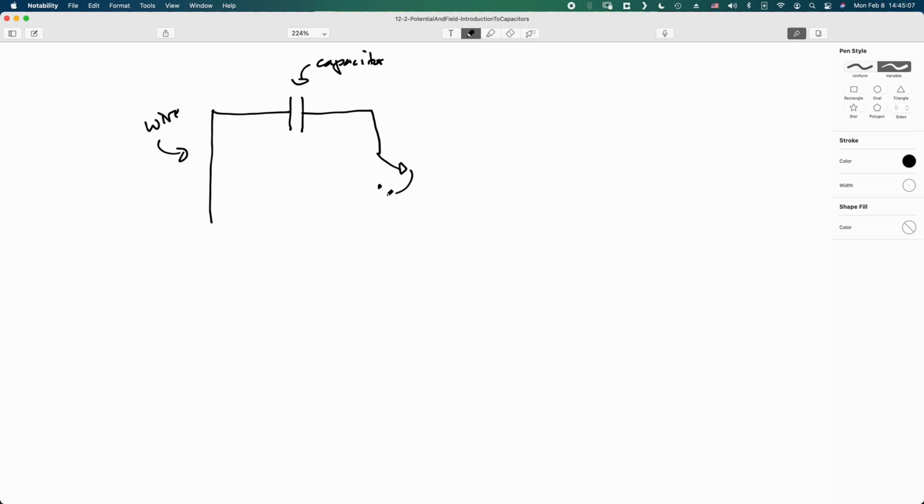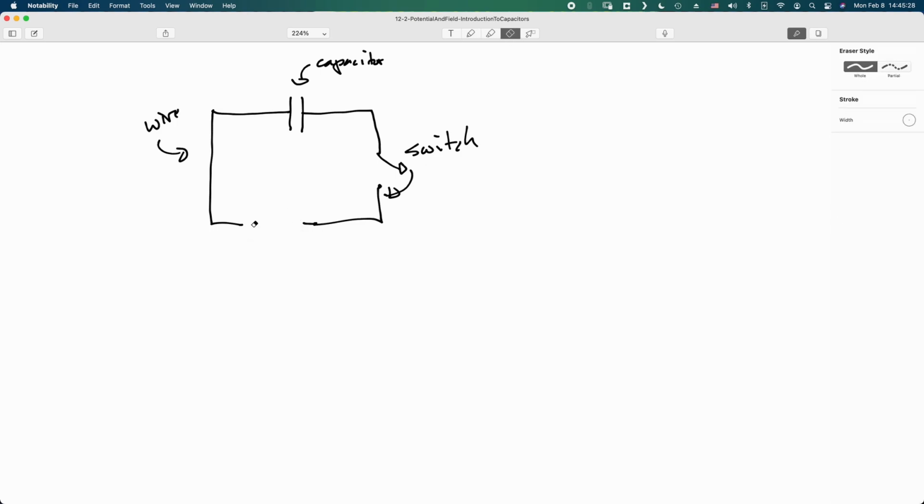This is a switch, which I will close. And for now, I'll just draw a battery like this. There's a different official symbol for it, but I want the positive terminal of the battery pointing the other way or I'll get very confused. There is an official symbol for a battery, but we'll get to that later.